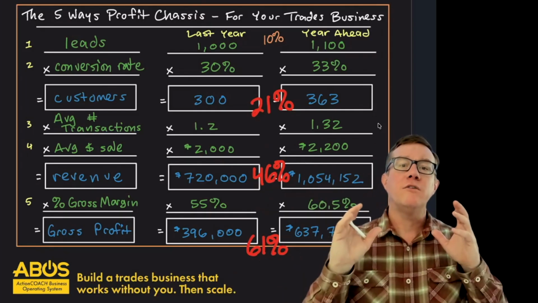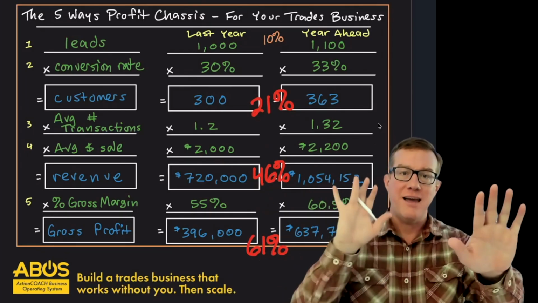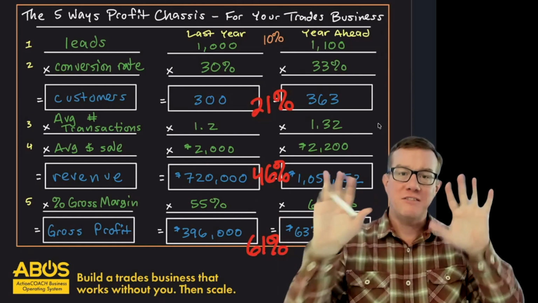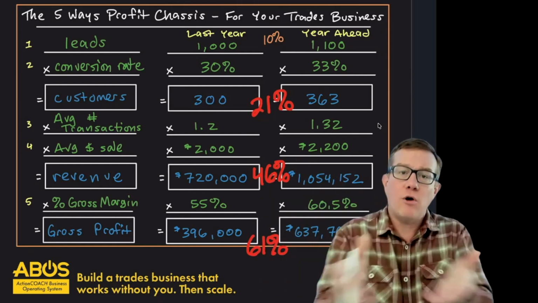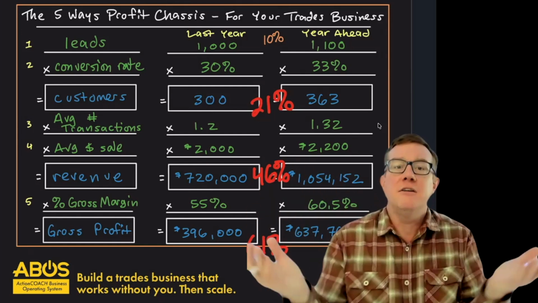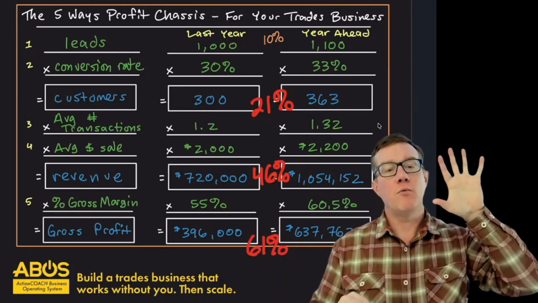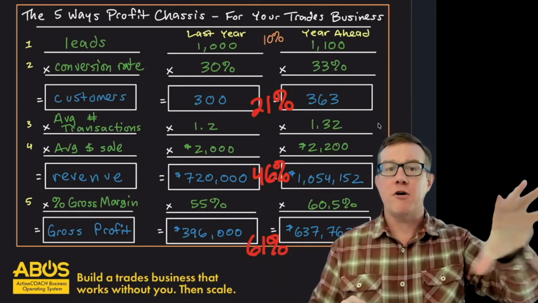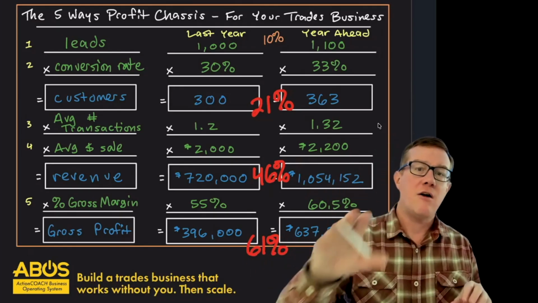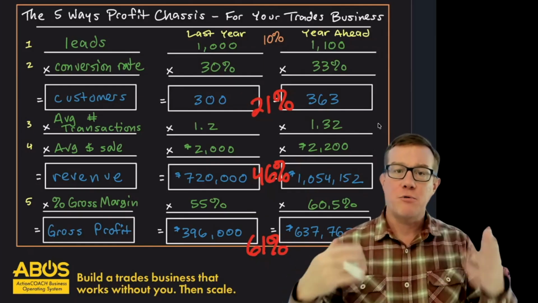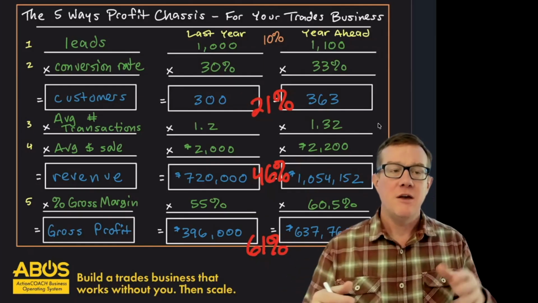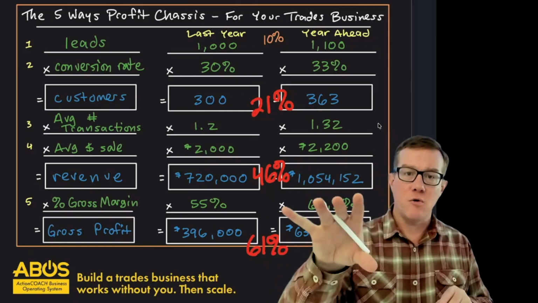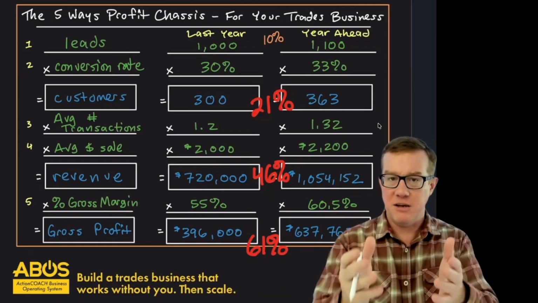So we will want to, in your business, look at different categories where we would need a separate five ways. Now it all rolls up into combined numbers at the end, but when we're making plans for our marketing and plans for our average dollar sale, how to improve each of these numbers in your business, we want to look at it by category of products and services as it makes sense.